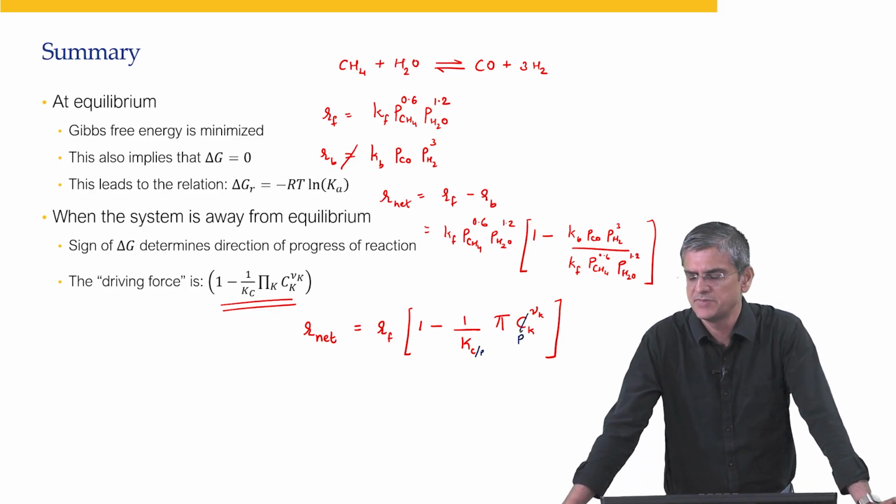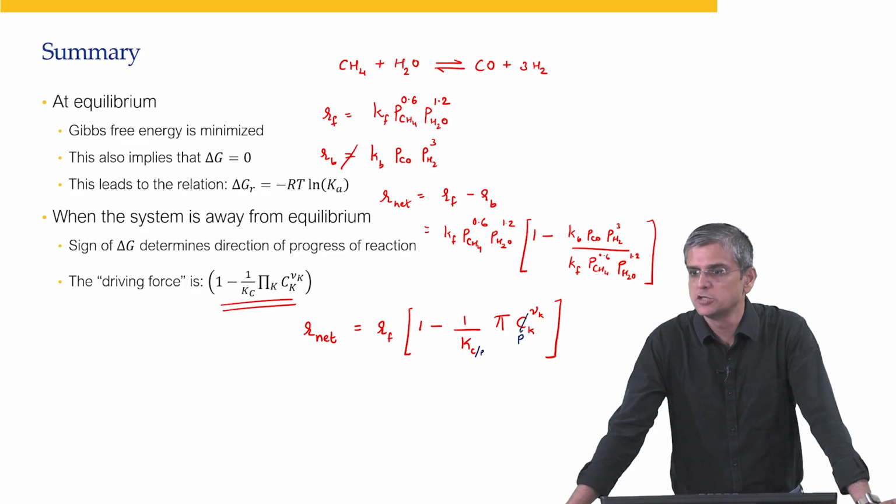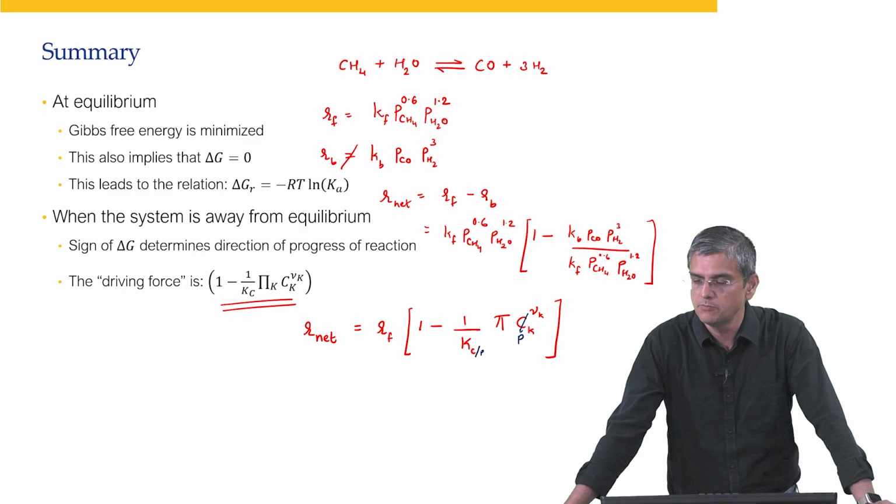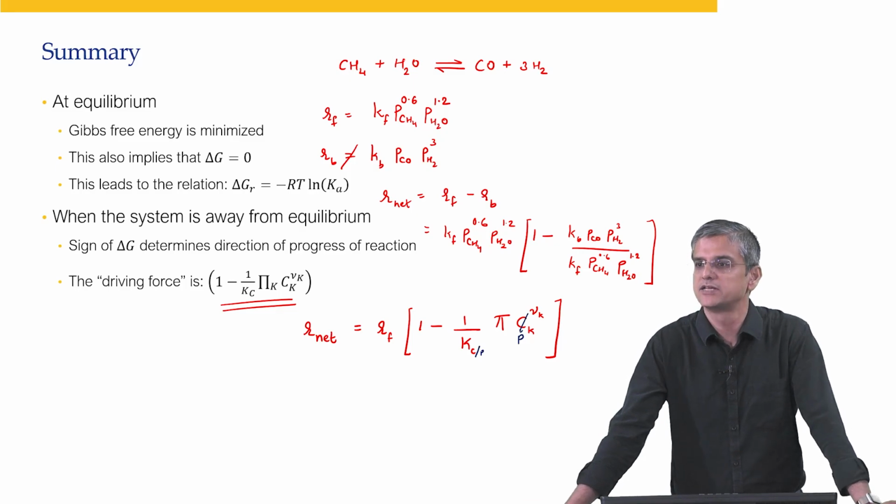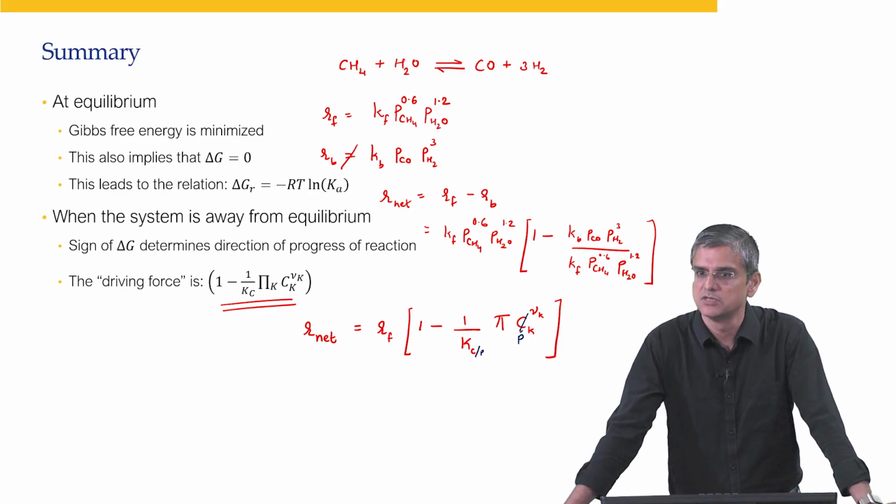Okay, if Kc is met, Kp will also be met. You should always be able to put it in this form. If you cannot put it in this form, okay, you are going to violate thermodynamic principles. That is the last thing that you would need to remember.